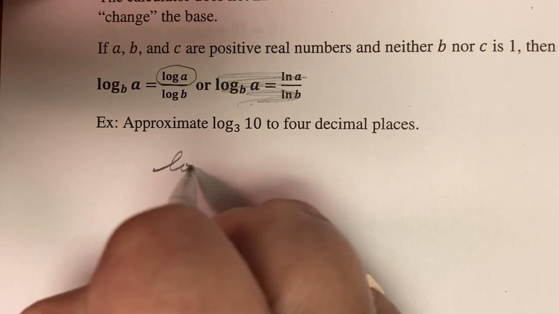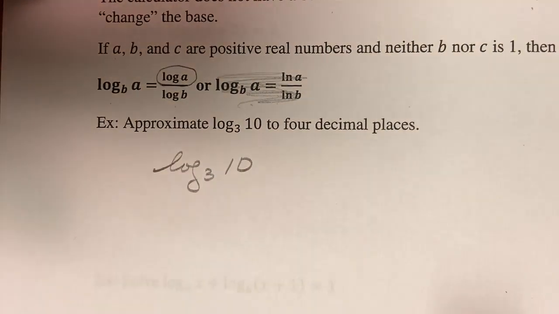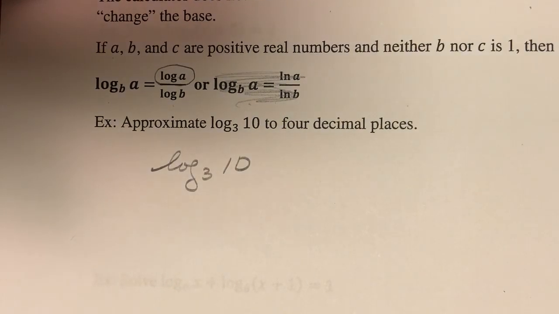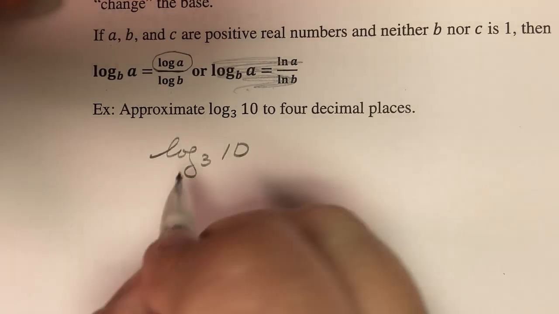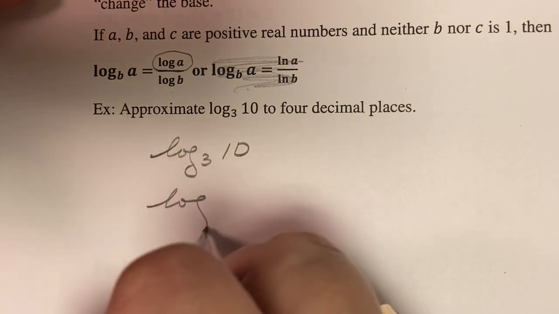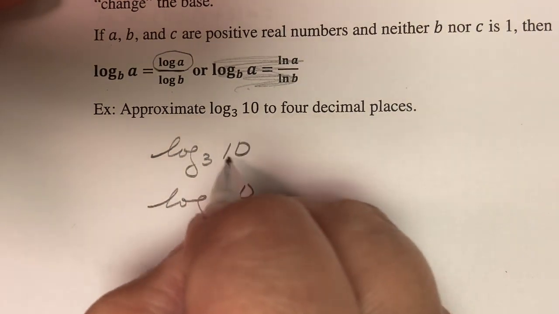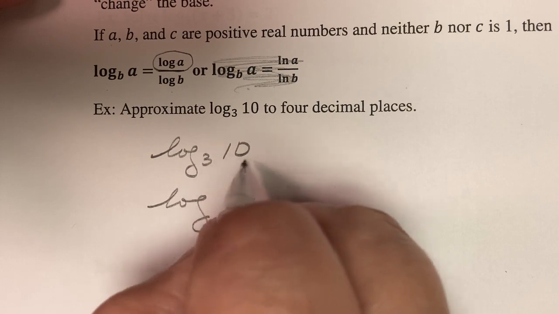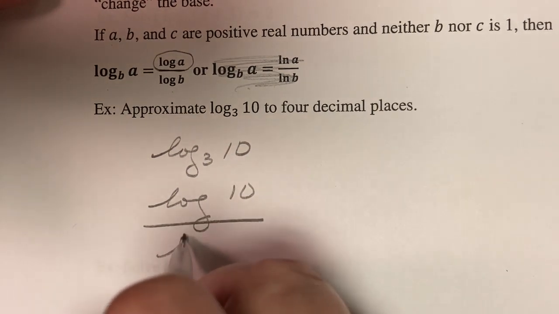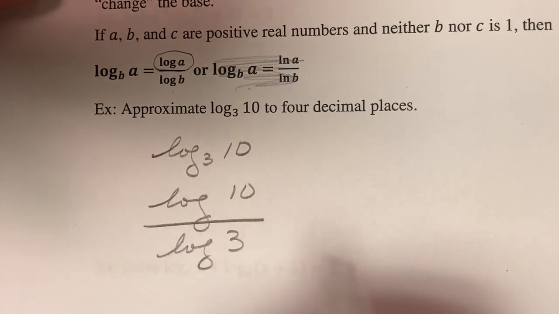So look, here's what that means. If I want the log base 3 of 10, so it's a base of 3, the LOG button on your calculator is base 10, so we can't use that button directly. Here's what you do. You simply take the common log of 10, which is this number right here, the bigger one in size, and divide it by the common log of whatever your base is.